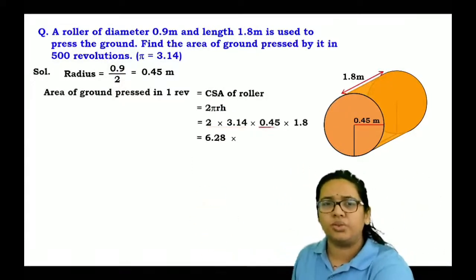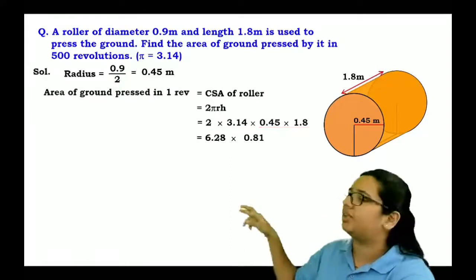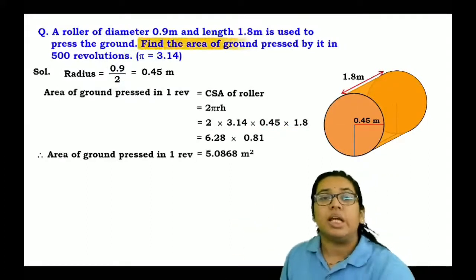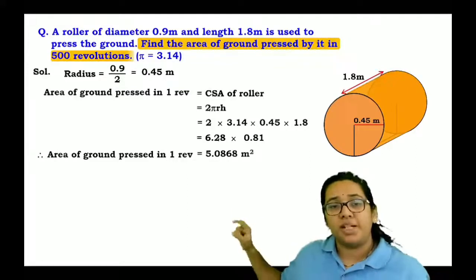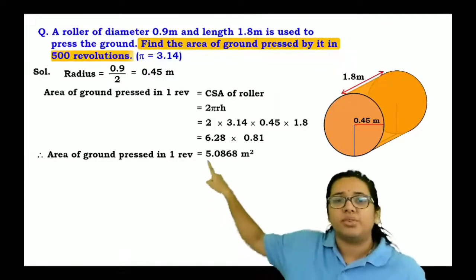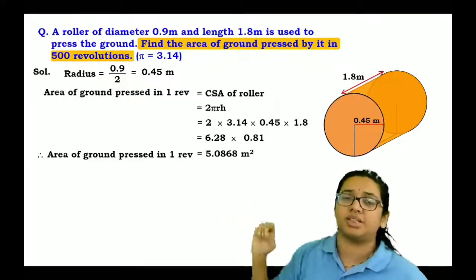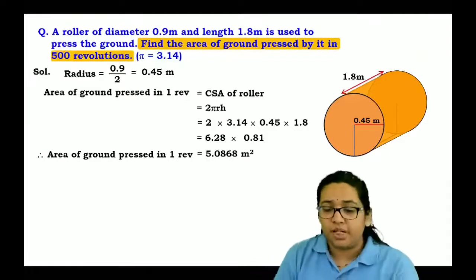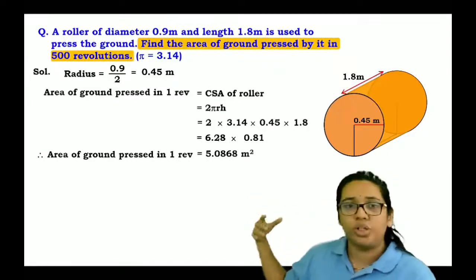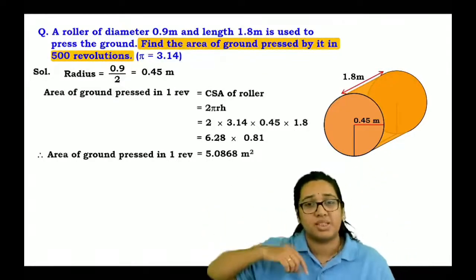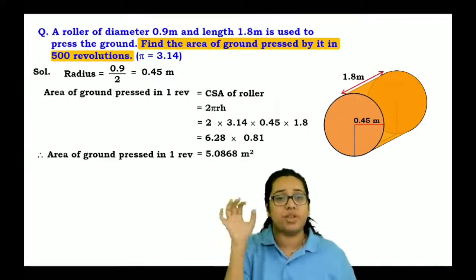So 2 into 3.14 into 0.45 into 1.8. So the area of the ground pressed in one revolution is 5.0868 square centimeter.